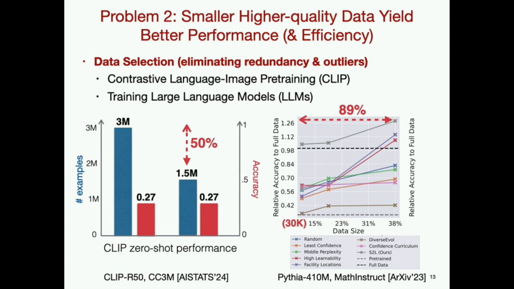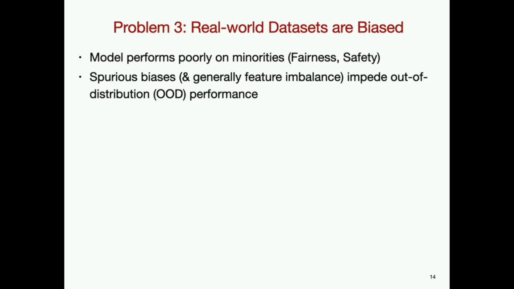The dashed black line is the full data performance. We can already outperform it. And now, if we keep increasing the size of the data, but with non-redundant examples we select, when we get to 38%, we are outperforming full data by a lot, right? So this is another thing that we have to be careful about.